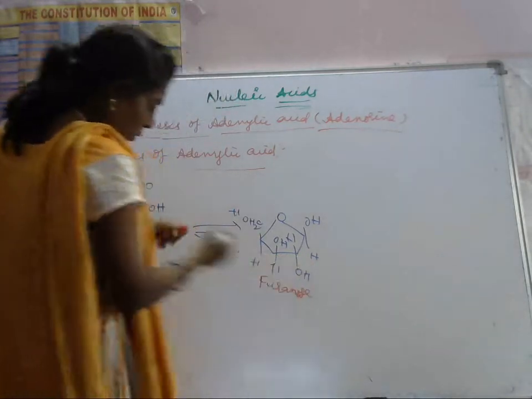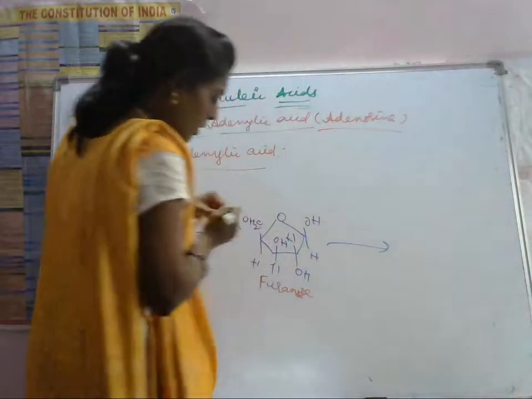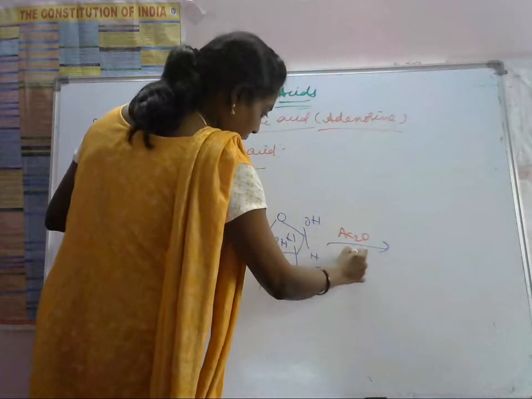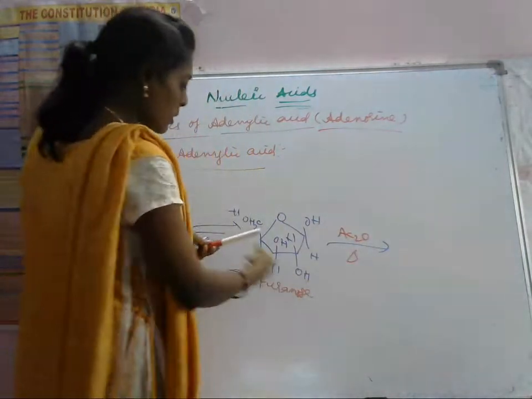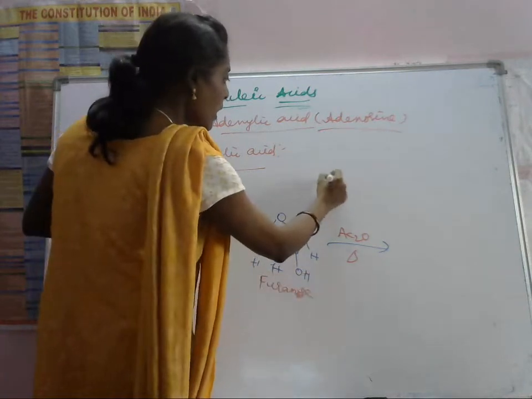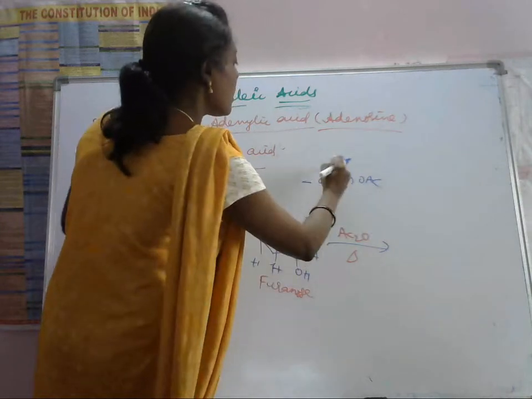So how do we do this acetylation? If it is treated with acetyl, all hydroxyl groups are converted into OAc on acetylation.